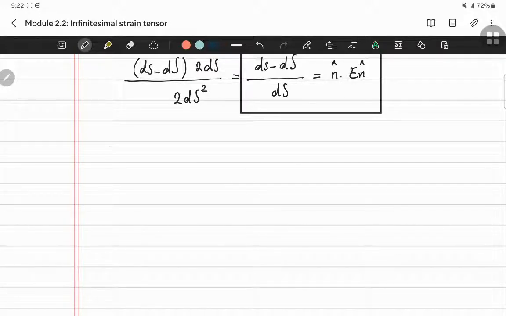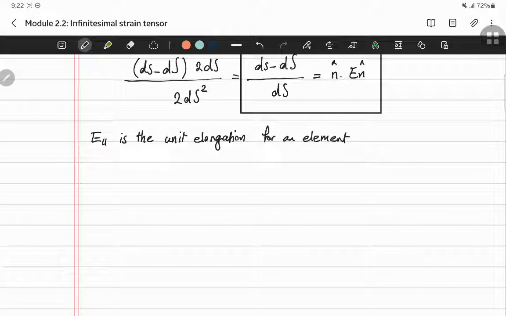Therefore, we can say that E11 is basically the unit elongation. Why unit elongation? Because we have this unit vector here, normal to the surface. So E11 is the unit elongation for an element in the x1 direction, as the book also said.